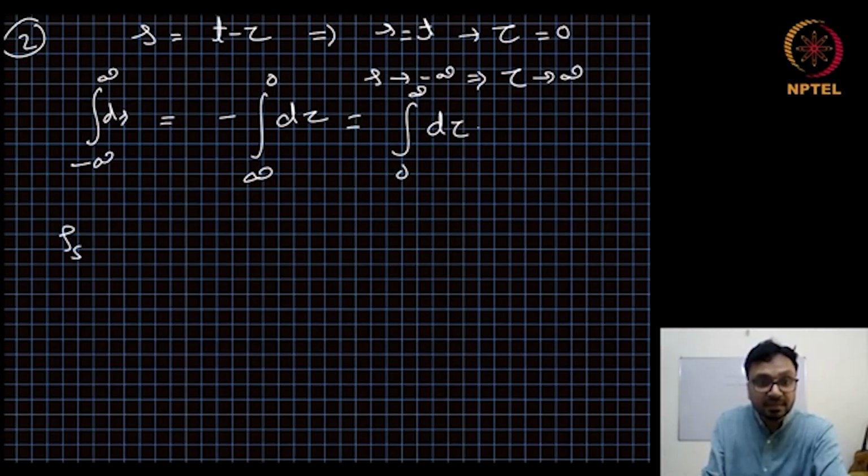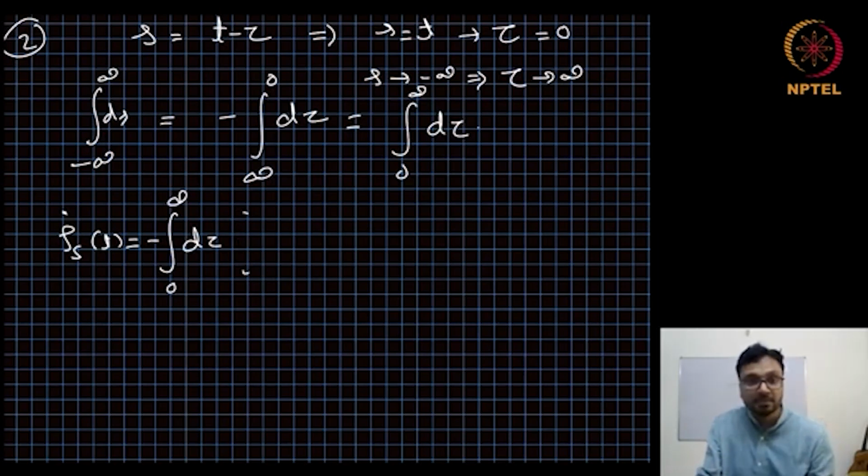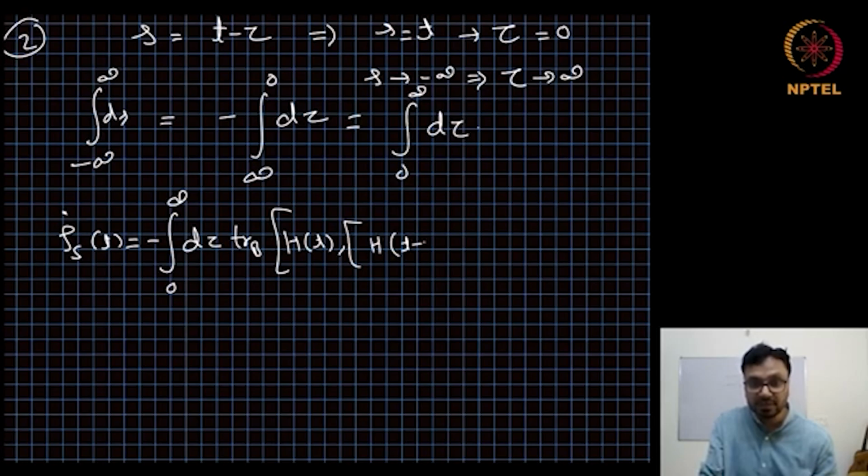And we get the dynamics rho_s dot of t to be minus the integral from 0 to infinity d tau of the commutator of H(t) with the commutator of H(t minus tau) with rho_s(t) tensor rho_B.